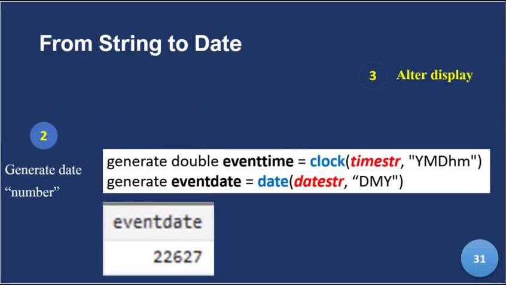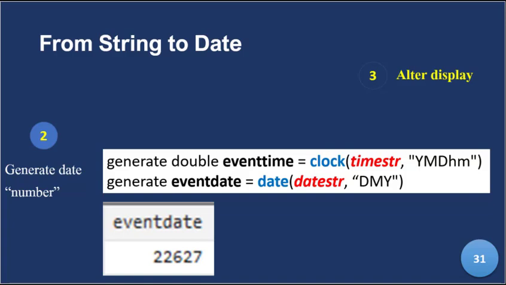To generate a number, this is the syntax for clock. Clock has a double in front of it. You generate double event time, just like you had the time on your wristwatch, equals to clock. Clock is for that clock image that you saw some minutes ago, and then you put the string there.